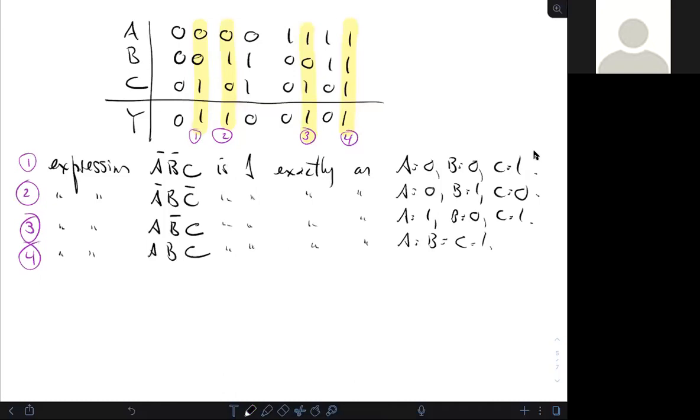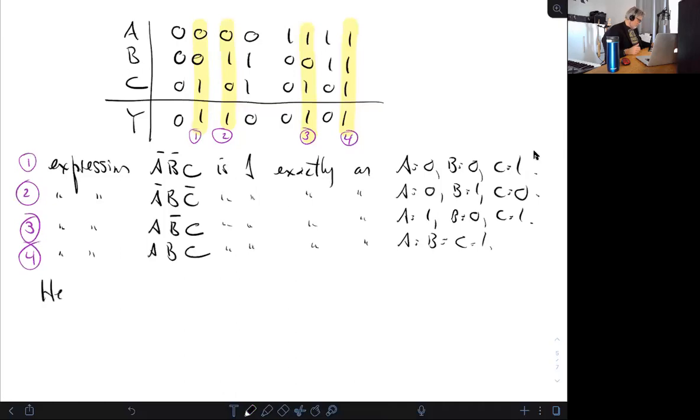So you take the OR of these 4 expressions and you get what you want. So it'll be A bar, B bar, C plus A bar, B, C bar plus A, B bar, C plus A, B, C.